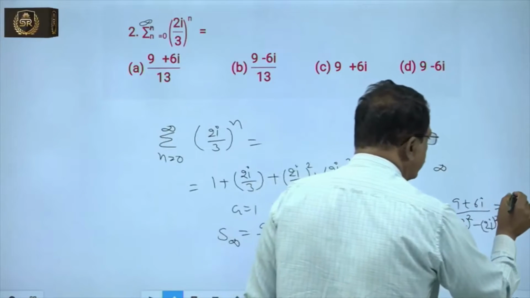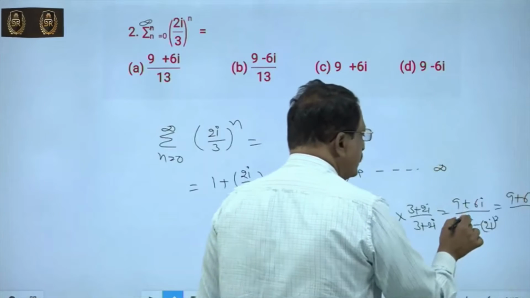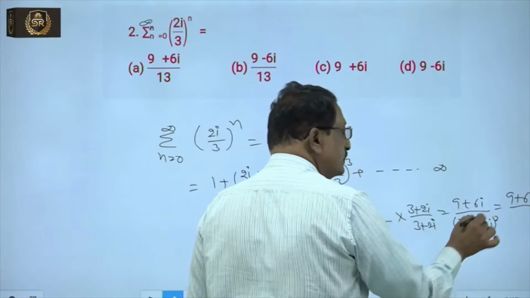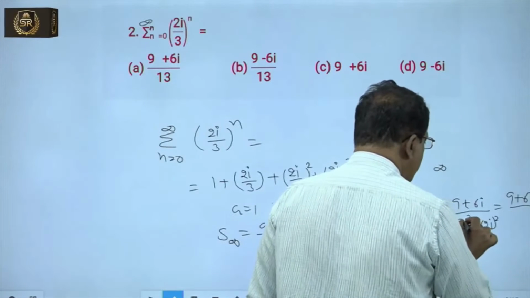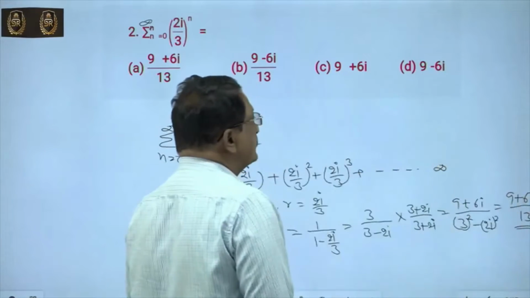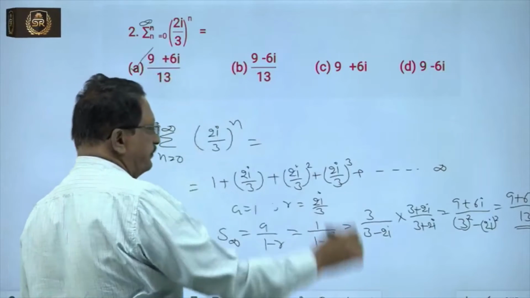That equals 9 plus 6i by 9 plus, since i square equals minus 1, minus of minus plus 2 square 4, 9 plus 4, 13. Now 9 plus 6i by 13. Now, first option.